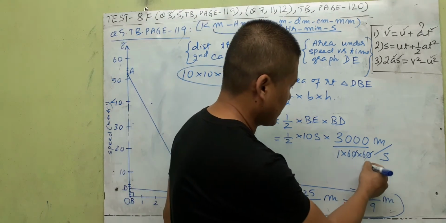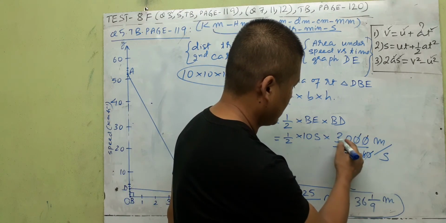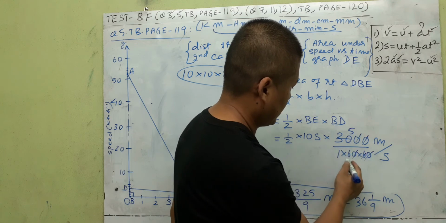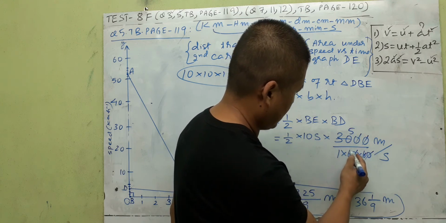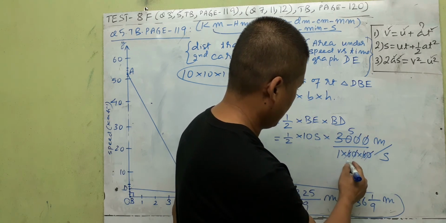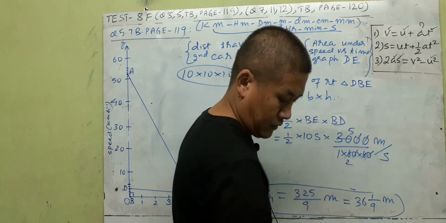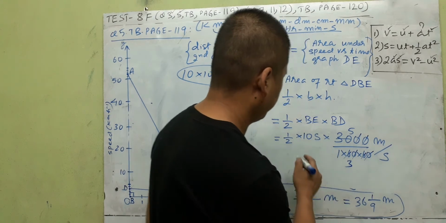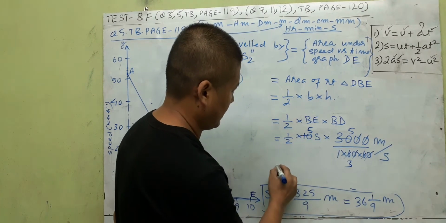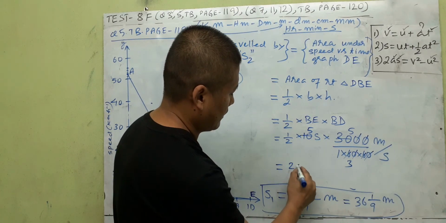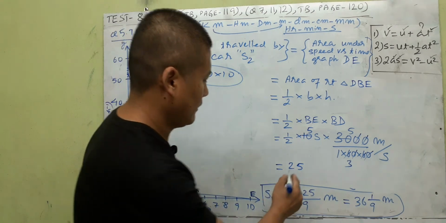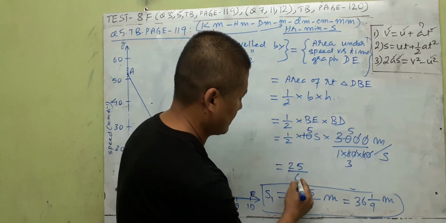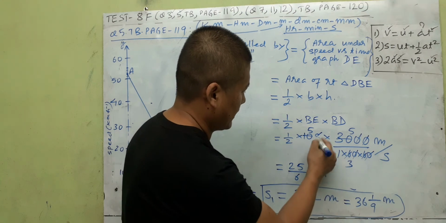So 0, 0 cancel. Then 6 5s are 30. Then here 3 2s are 6. 2 3s are 6. 2 5s are 10. So here 5 5s are 25, divided by 2 3s are 6 meter, and second up and down cancel.